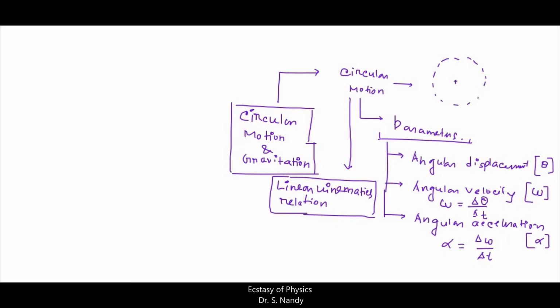The unit of angular displacement is the radian, written rad in short. The unit of angular velocity is radian per second, and the unit of angular acceleration is radian per second squared.